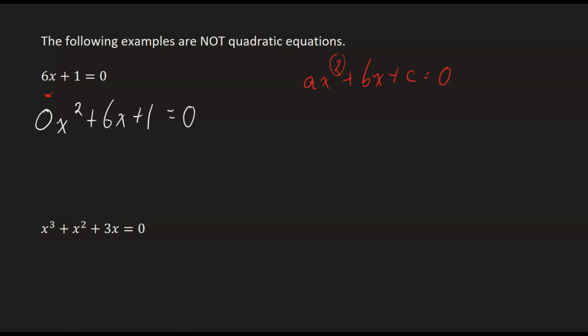And the restriction that we had right from the very beginning is a cannot be equal to 0. So this is not a quadratic equation. In the one below, we notice we do have an x squared term, but we have an x cubed term, which is too high for a quadratic equation. So this is not a quadratic equation either.